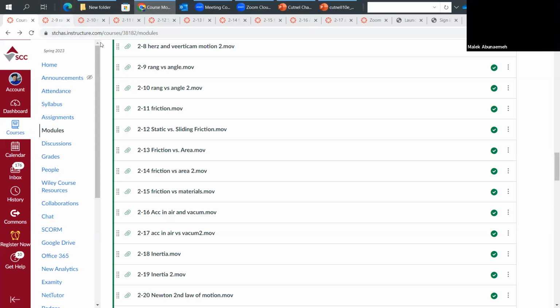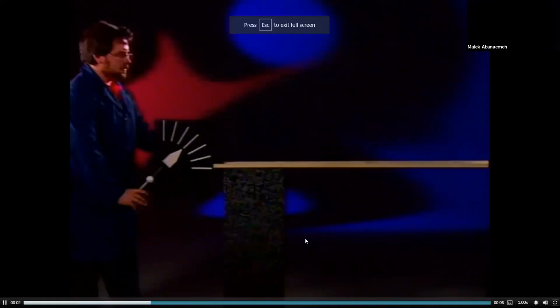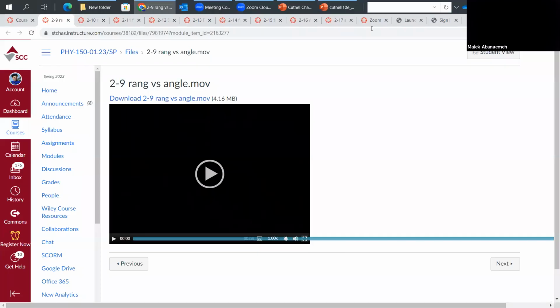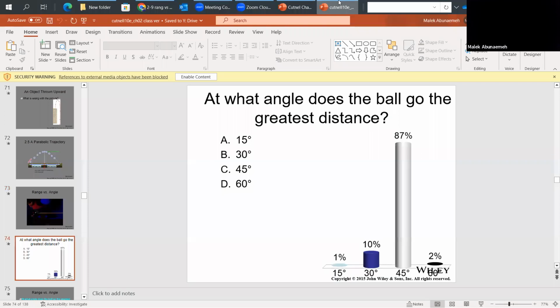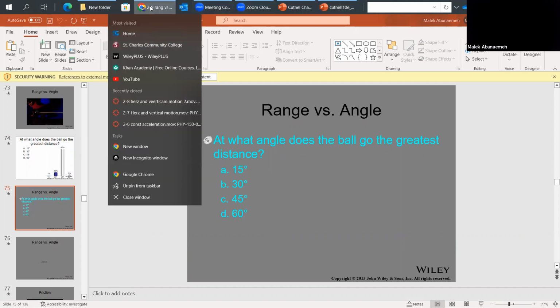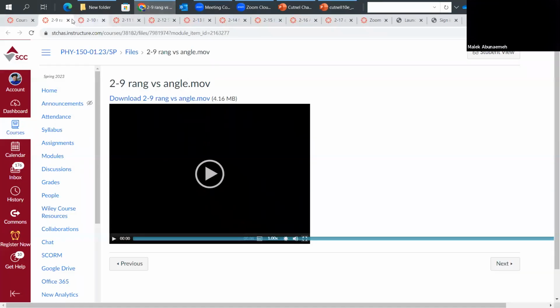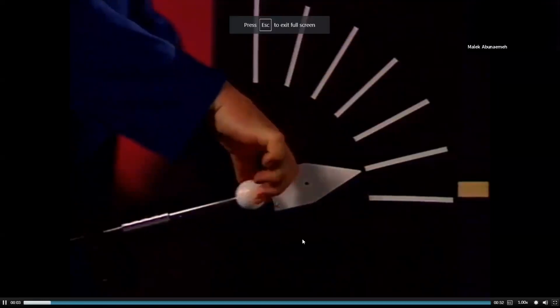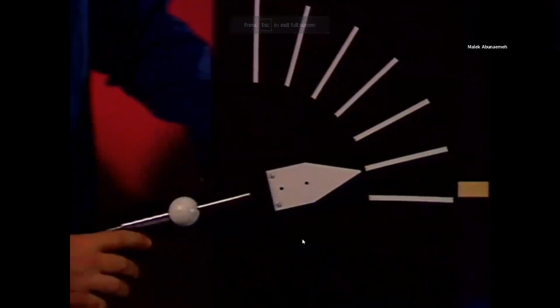Okay, here's a video, it's already loaded. So what angle do you think the ball should be launched at to travel the furthest distance? When you throw an object, how can you throw it the furthest? Would it be 15, 30, 45, or 60? Those are the choices. Go ahead and lock in your answer. Let's go ahead and look. This spring-loaded gun can launch small balls at different angles with the same speed.